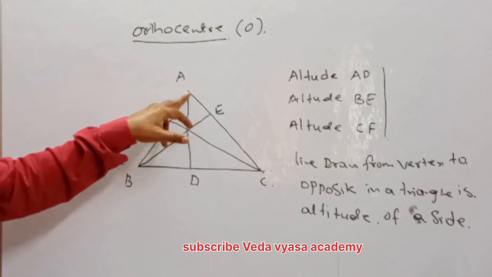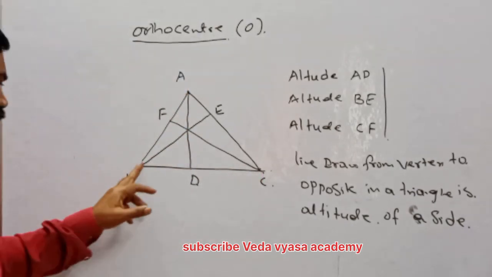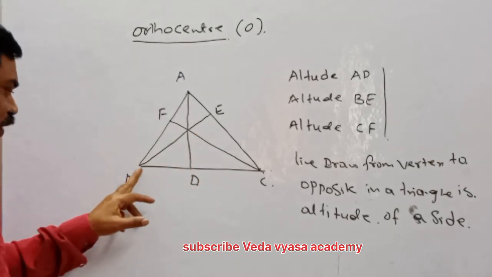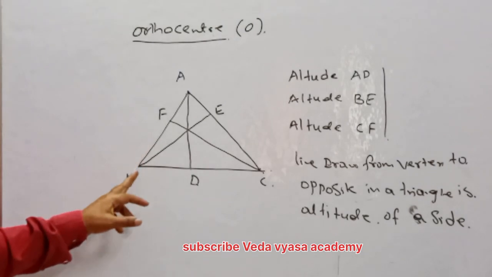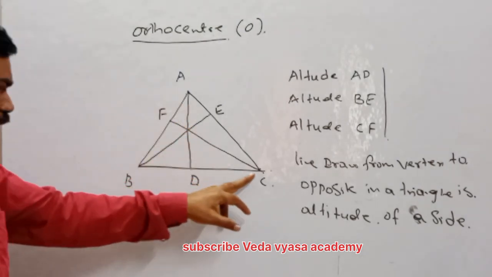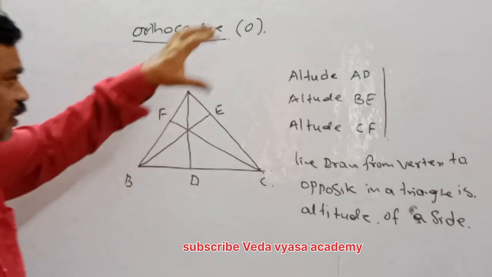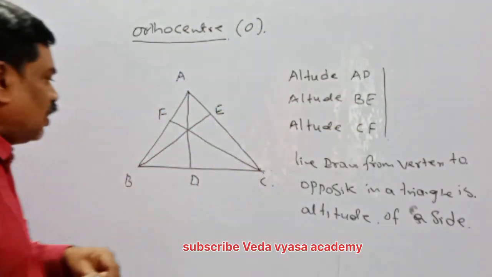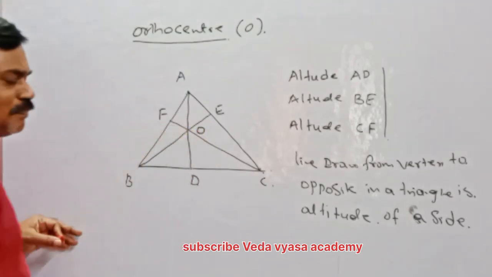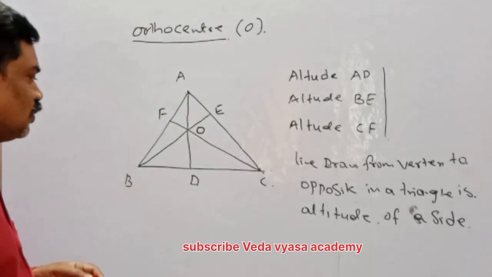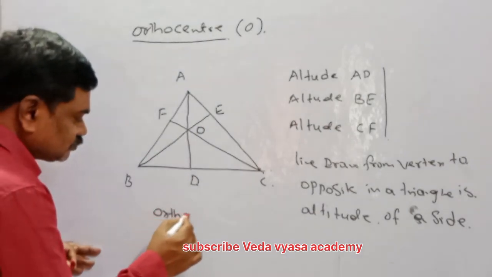One altitude is drawn from A to the opposite side BC, one from vertex B to the opposite side AC, and one from vertex C to the opposite side AB. Here AD, BE, CF are altitudes, concurrent at O. This O is the orthocenter.